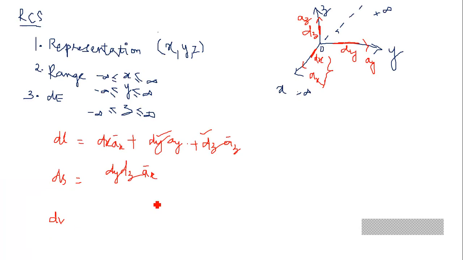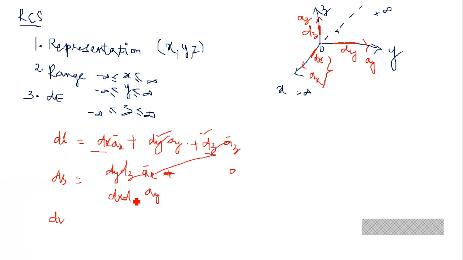Similarly with ay also. If you want ay, then what you should do is discard the ay term and take only dx and dz.